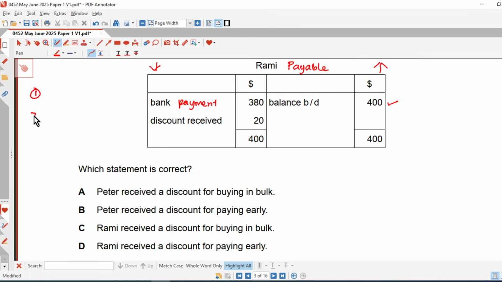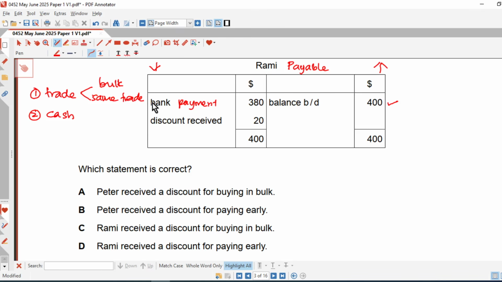In accounting, we have two types of discounts. We have trade discounts and we have cash discounts. So trade discounts is the discount that you give people if they purchase in bulk, in large quantities, or if you are in the same trade, the same industries, then you would offer them a trade discount.